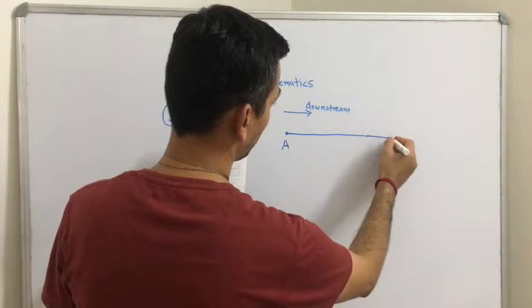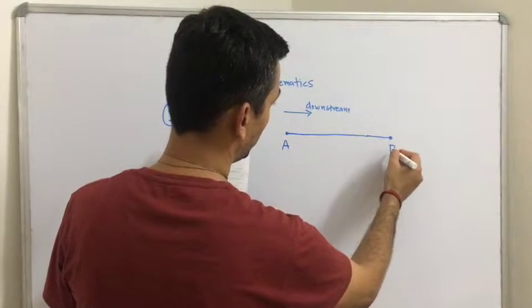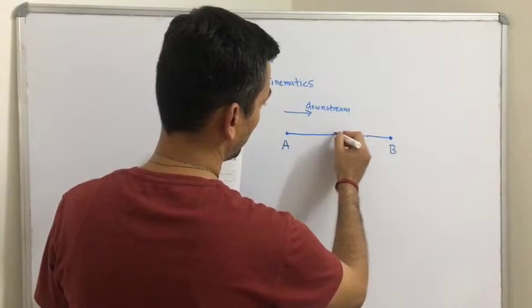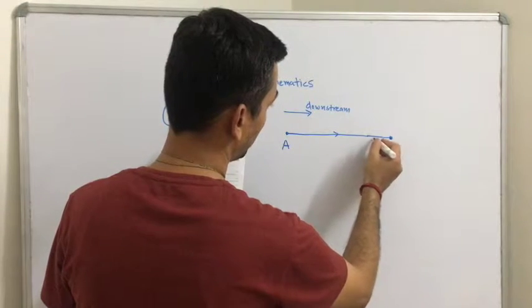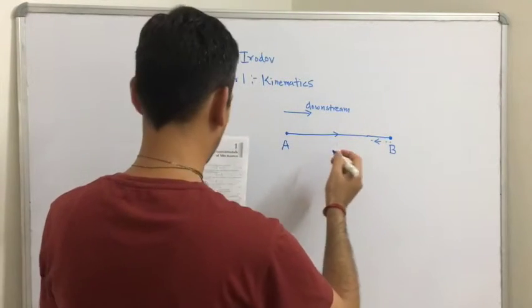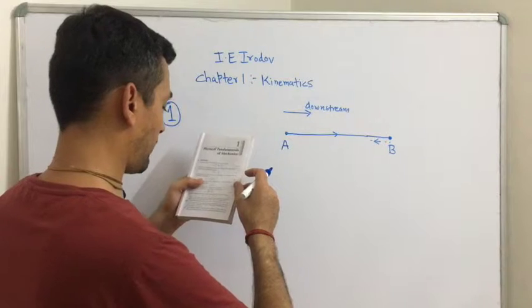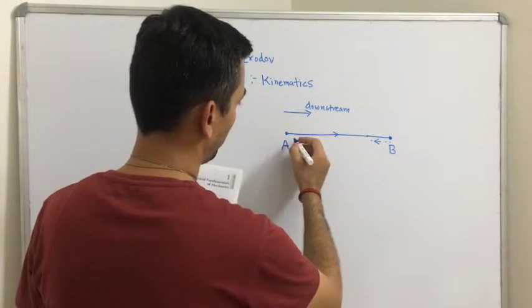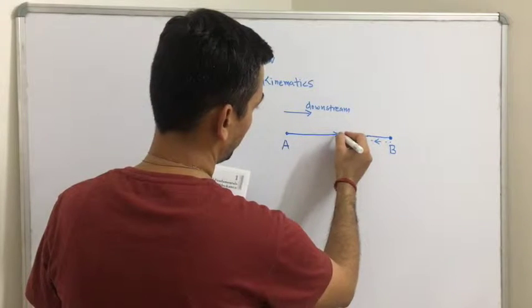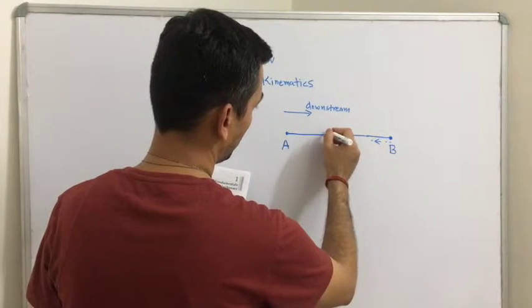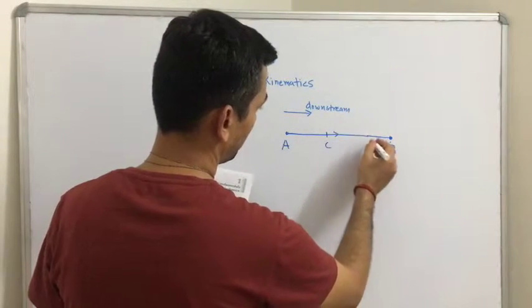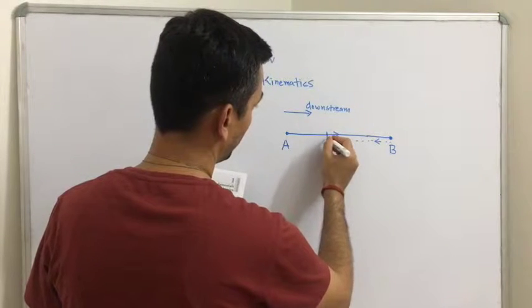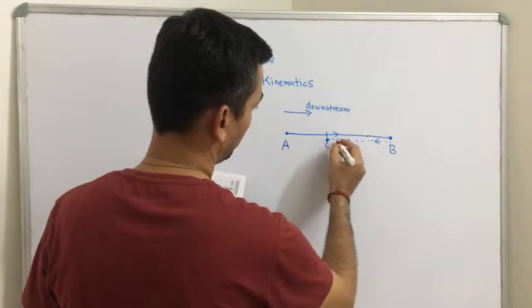So let's say in 60 minutes it reaches a point B, and then from point B it turns back along the same line, and after some time passes the raft at a distance L equal to 6 km from point A. So while coming back along the same line, it meets the raft again.